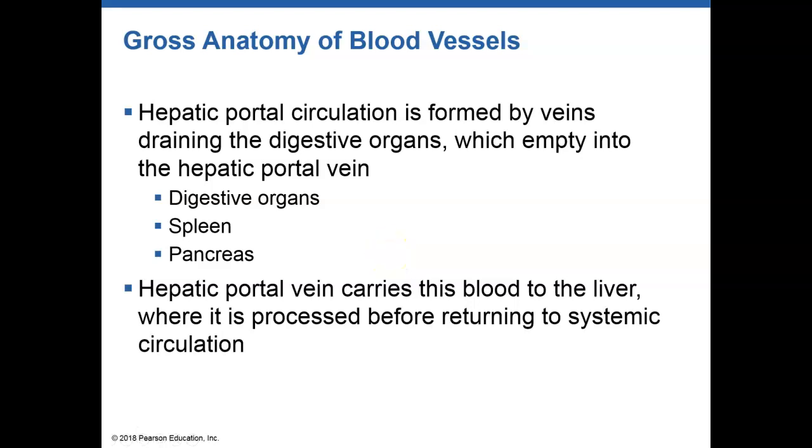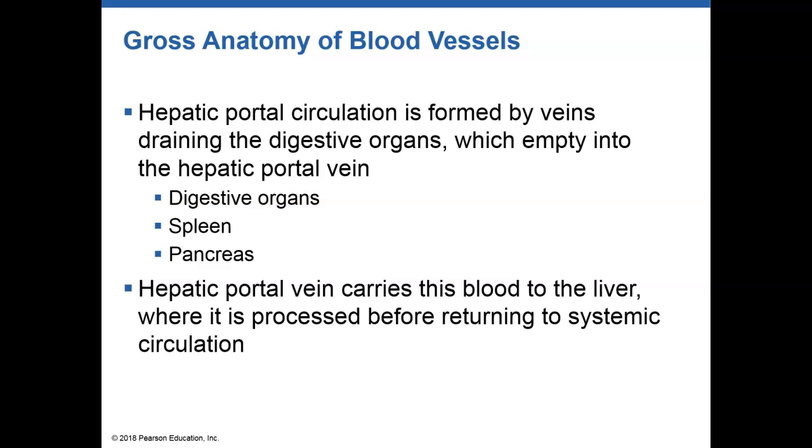So now let's talk about the hepatic portal. I told you that we had this hepatic portal vein that drains the small intestines and takes that oxygen poor but nutrient rich blood to the liver.